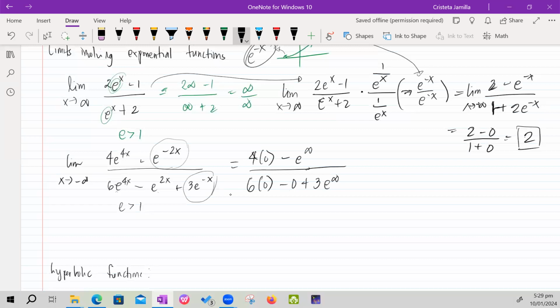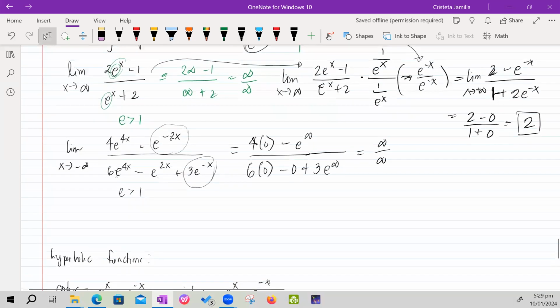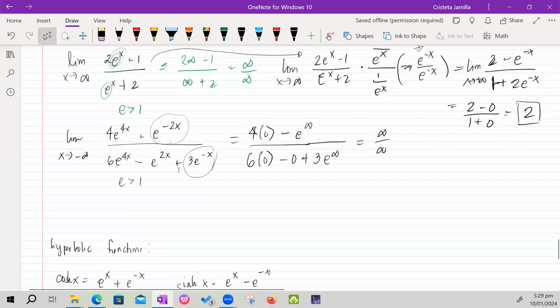As you can see, we have a problem with this one. These terms, e raised to negative 2x and e raised to negative x. So we want to multiply our function by something so that these two vanish. How do we do that? We can multiply by 1 over e raised to nx, where n is the highest degree in absolute value.